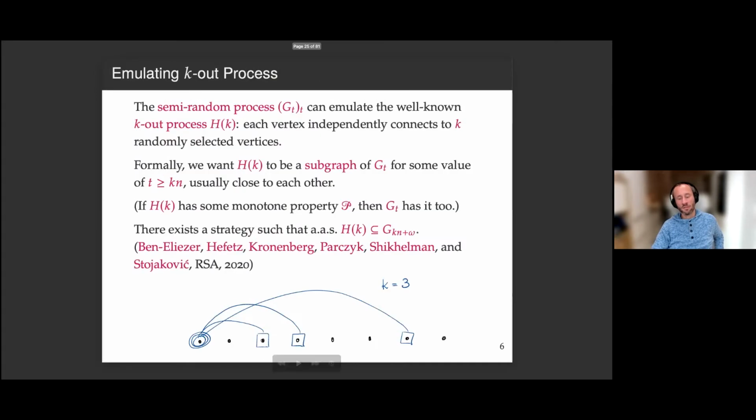And I think the third comment is that if k is really large, then in some sense it's not that interesting anymore, because there's no big difference between the k-out process and, say, the Erdős–Rényi random graph process, right?